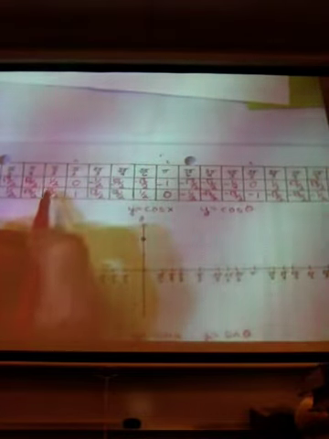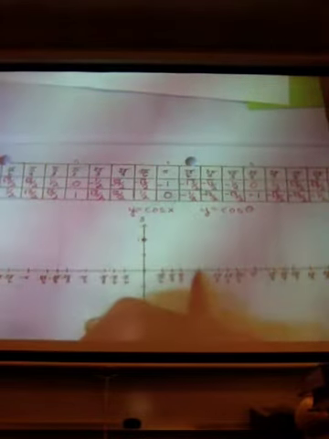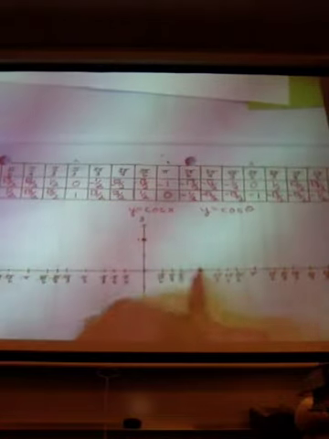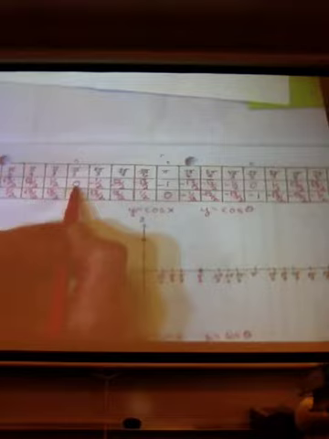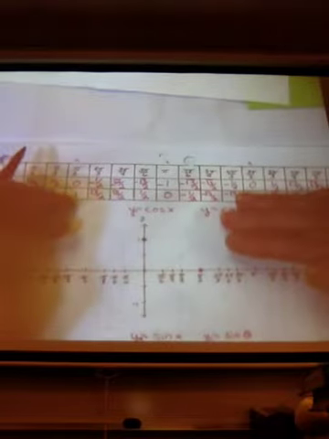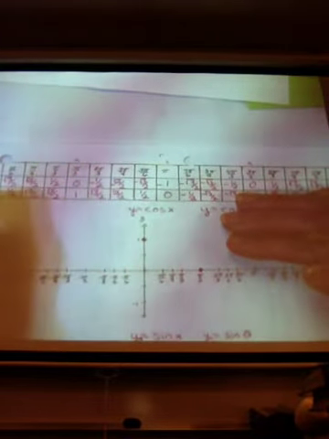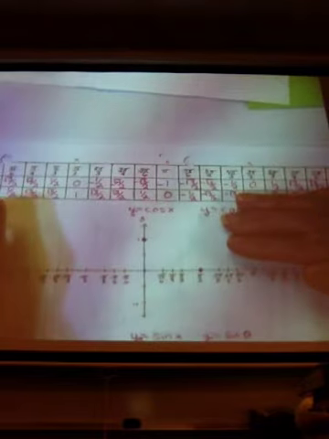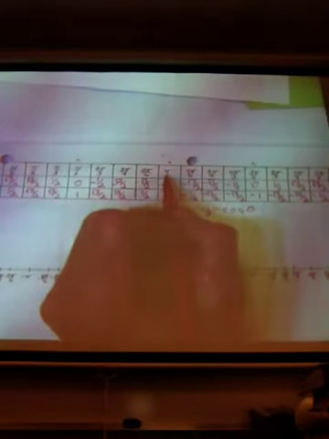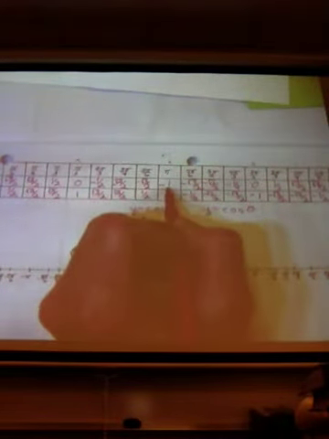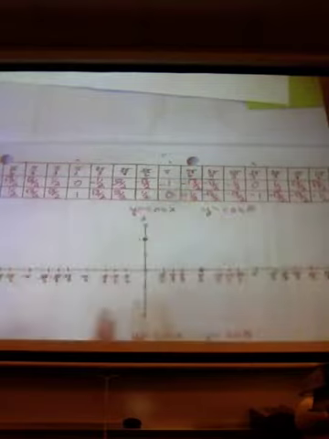This would be at pi over 2, what is y? 0. At pi over 2, the y is 0. Notice these are like two different graphs. This is your x, this is your y. Everybody understanding this? Okay, so now if I go here at pi, what is the value of the y? -1.